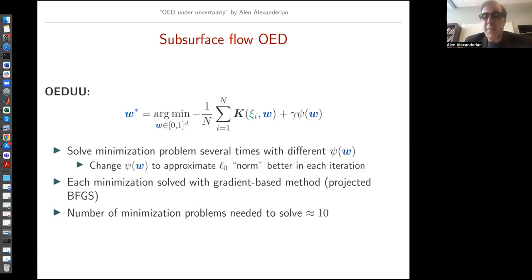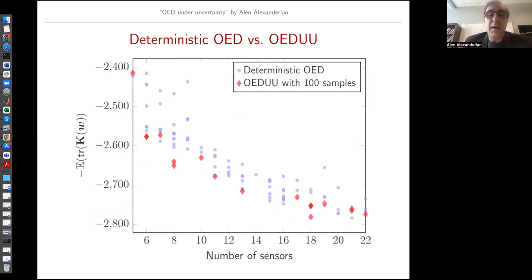We use gradient-based optimization, BFGS. The number of minimization problems that we solved with our continuation was about 10. Take notice though, once we do this low rank approximation, we don't have to do PDE solves in the optimization iterations.